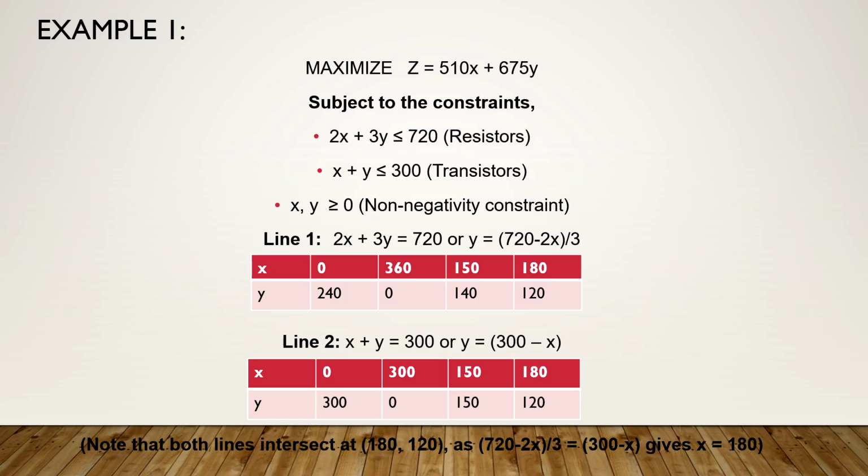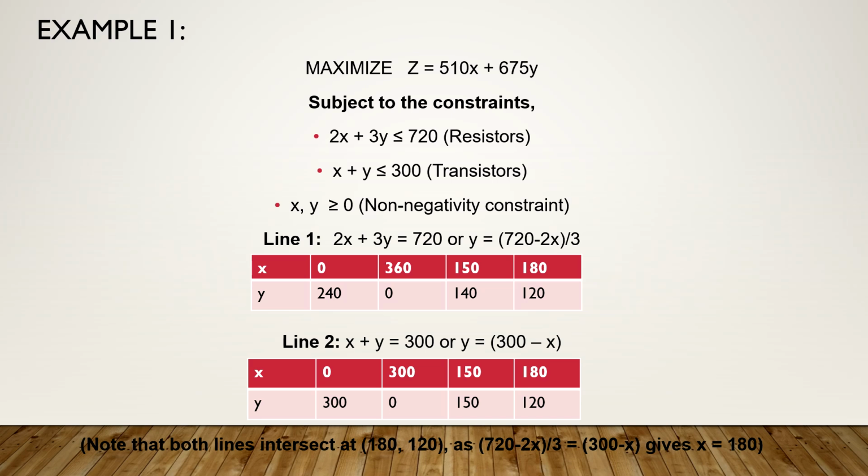But to be on the safer side, or to verify your answer, how will you get this intersection point? Because sometimes the intersection point is a fraction. From the first line, y is (720 minus 2x) by 3. Equate this to the y of the second line, which is 300 minus x. This will give you the value of x as 180.